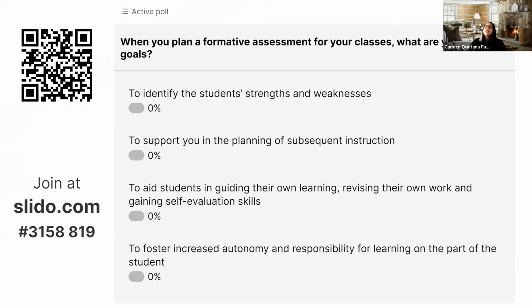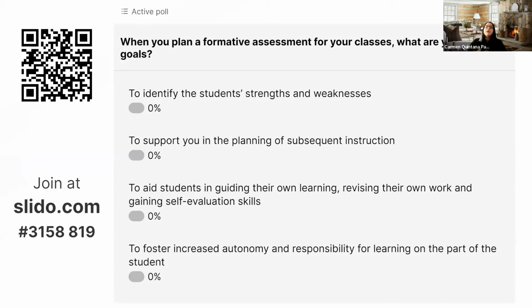So my question to you is, when you plan a formative assessment for your classes, what are your primary goals? And here you can select more than one option. So you can pull out your phones, scan the QR code on the screen, or you can join at slido.com and enter the code on the screen and start answering. So I'm going to give a couple of minutes for this.